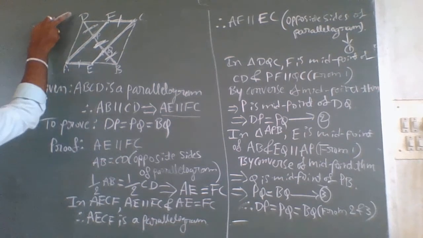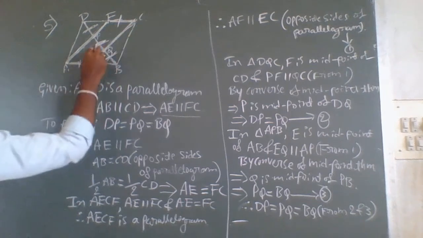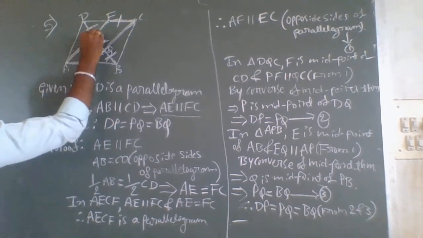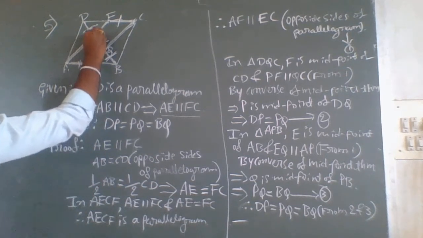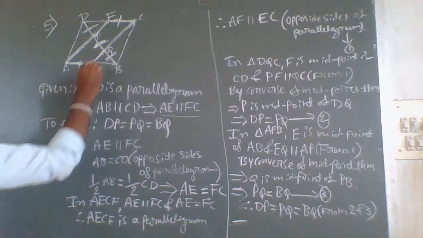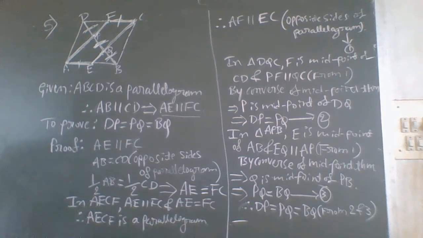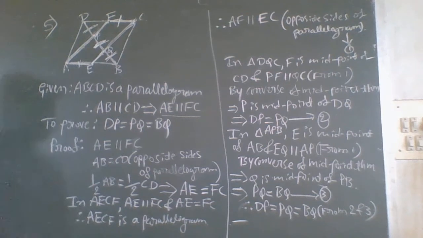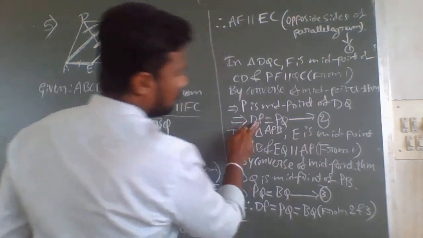So if we consider triangle DQC, here F is the midpoint and these two sides are parallel, so by the converse of the midpoint theorem, P is the midpoint of the line DQ. If P is the midpoint of DQ, then DP is equal to PQ. This we will consider as second.